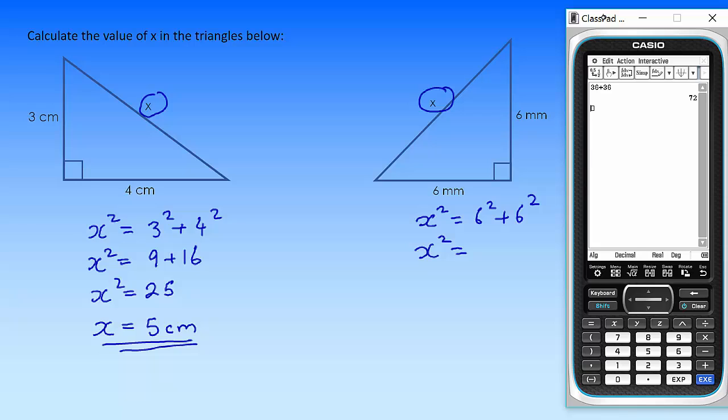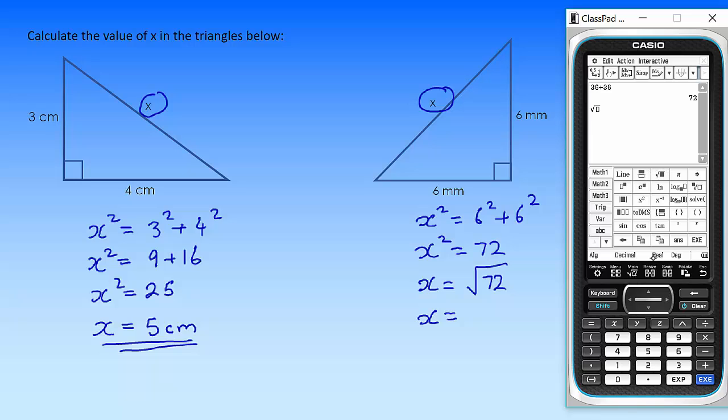I'm not using the same calculator that you use. And so that gives me 72, and then x would be the square root of 72. And so I just need to square root that.